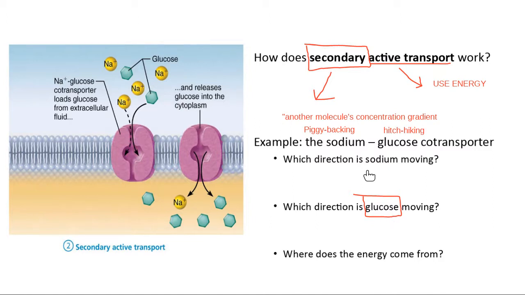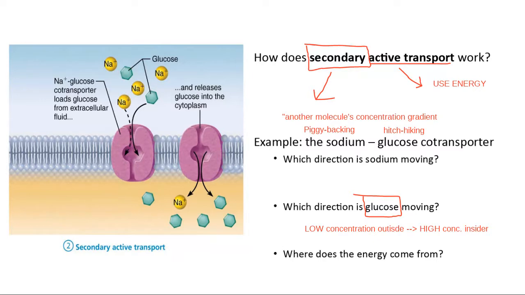So I've got sodium coming into the cell, and I've got glucose coming into the cell. Glucose is going from low concentration outside to high concentration inside. Because glucose is going from low to high, it needs energy. The energy that it's going to use is sodium.